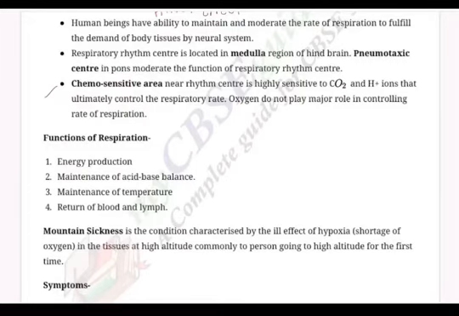We also studied the human respiratory system, various parts involved in that, and then, most important, normally a 3-mark question, the mechanism of breathing, both inhalation as well as exhalation. Then we learned pulmonary volumes and capacities, their values and quantities. I gave a lot of formulae, how to calculate total lung capacity, for example, vital capacity, residual volume, etc.